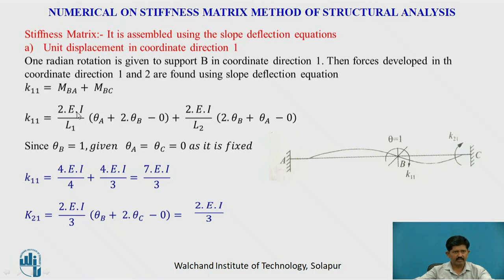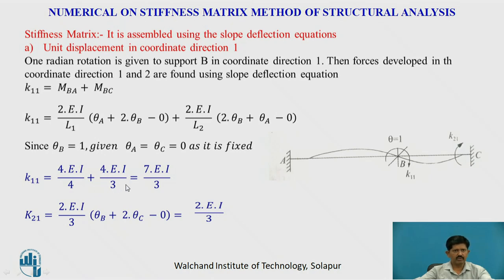So adding these moments, K11 is equal to 2EI upon L1 into twice theta B plus theta A, plus 2EI upon L2 into twice theta B plus theta C. So here theta B is already known to you, that is unit rotation is given, whereas theta A and theta C are 0, as these are fixed supports. So putting the values of theta A equal to 0, theta C equal to 0 and theta B equal to 1, we will get the K11 value.